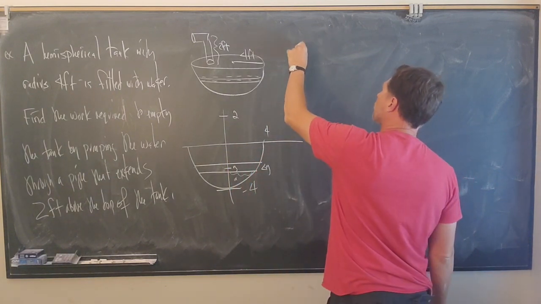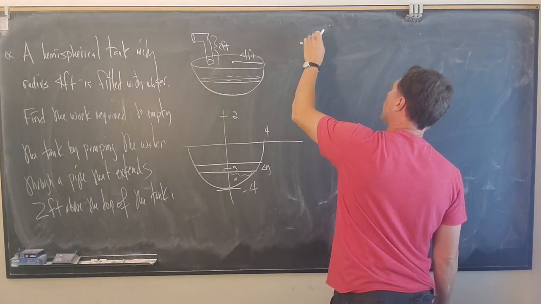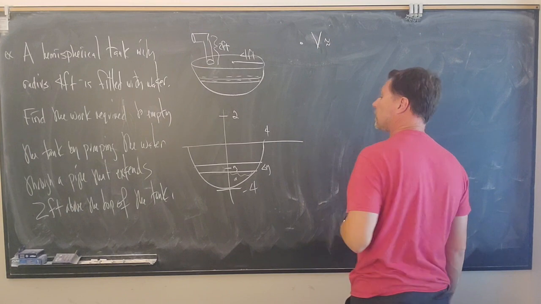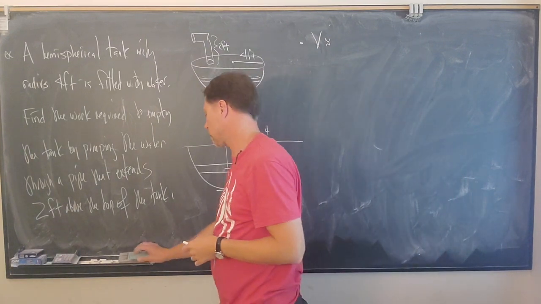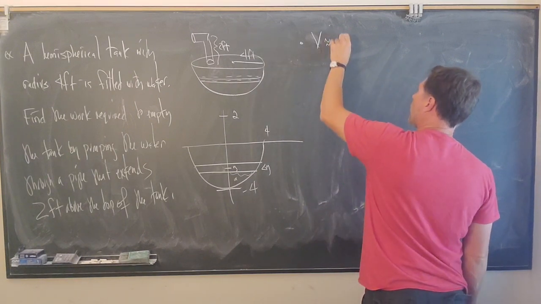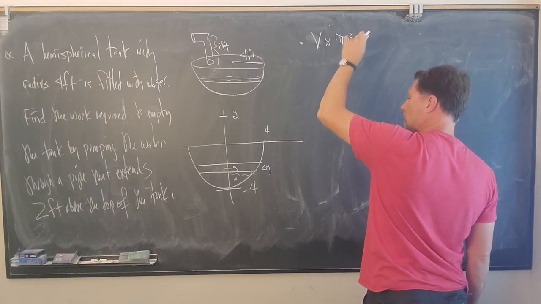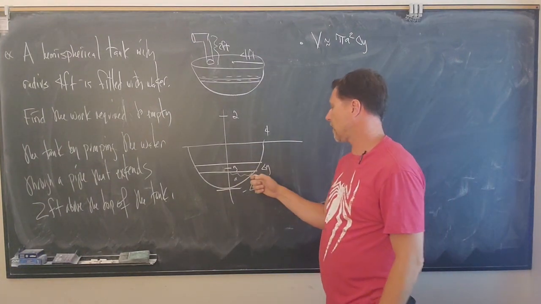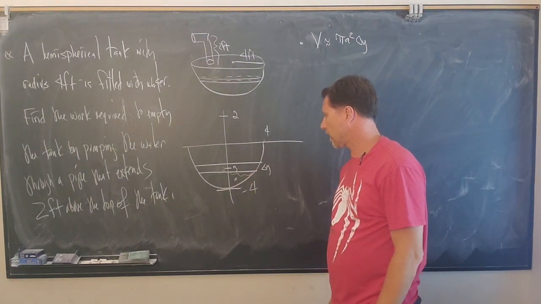So same thing. The volume of the slab is approximately cylindrical, so it's going to be pi A squared times delta Y. Radius is A, thickness is delta Y.